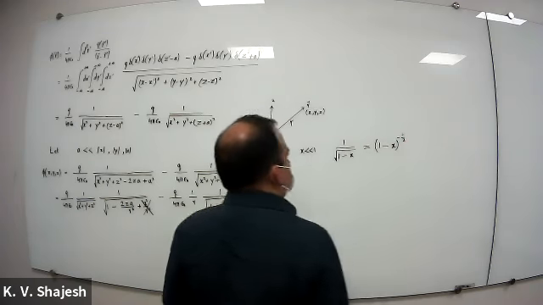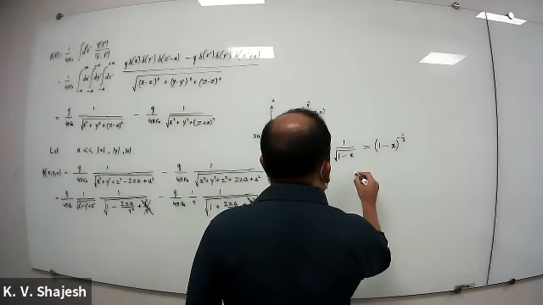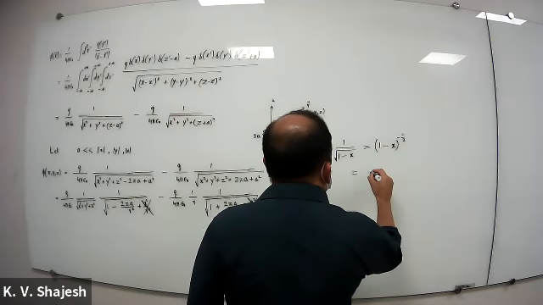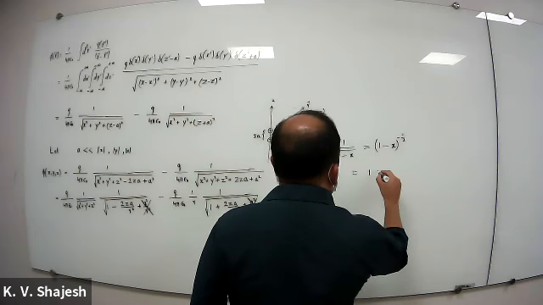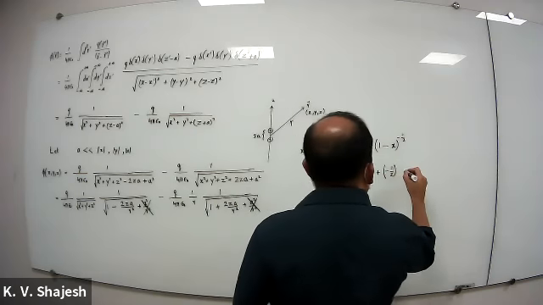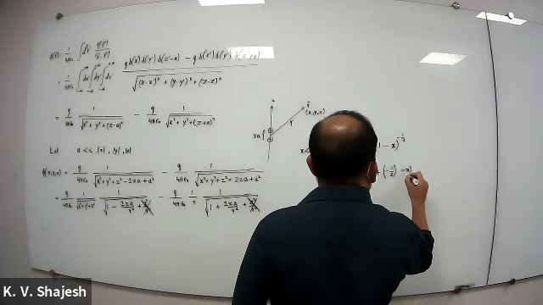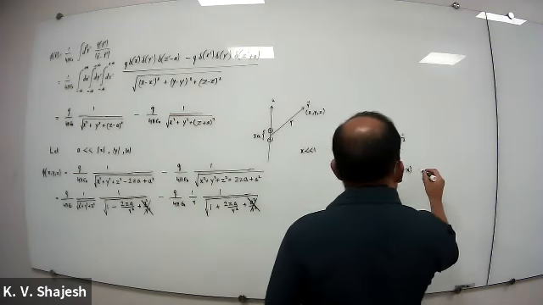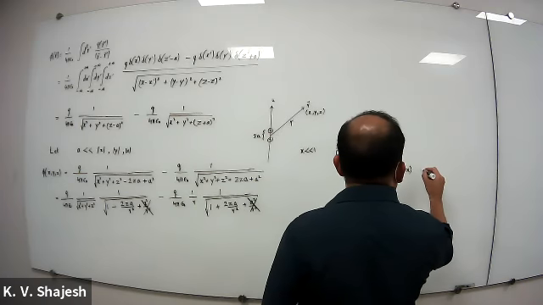Right? What is the expansion for this? You would say it is 1 plus, write the power first, so that's minus half, and then whatever is inside, so this is minus x. Next one would be higher orders.